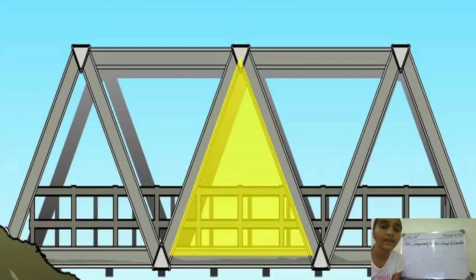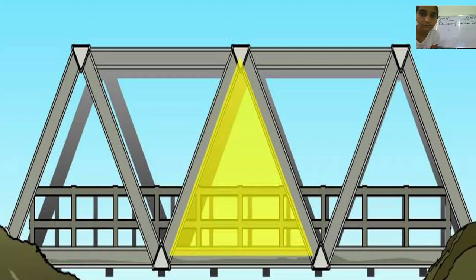So what do you see in front of you? Yes, we can see that there is a bridge, right? You can consider this bridge as a railway bridge constructed above a river. So students, are you able to see the triangles formed by this bridge?